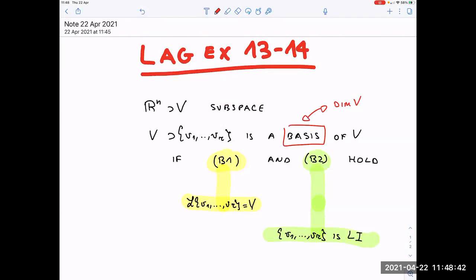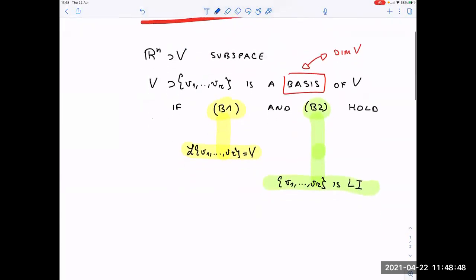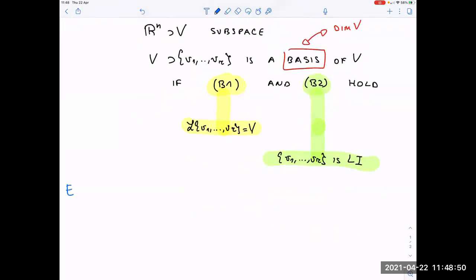Okay, so let's see now about our exercises. The first one is this one. We have a subset V of (x, y, z, t). This is number 2 of exercise 7.1.